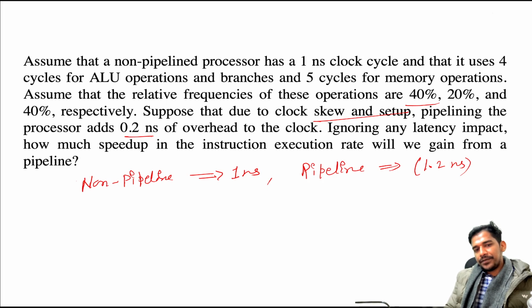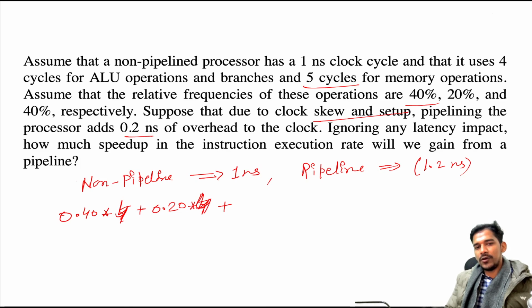So we have 40% operations that are ALU operations, and then you have 20% branch instructions. ALU operations and branch instructions take 4 cycles to execute, we are talking about the non-pipelining processor, right?